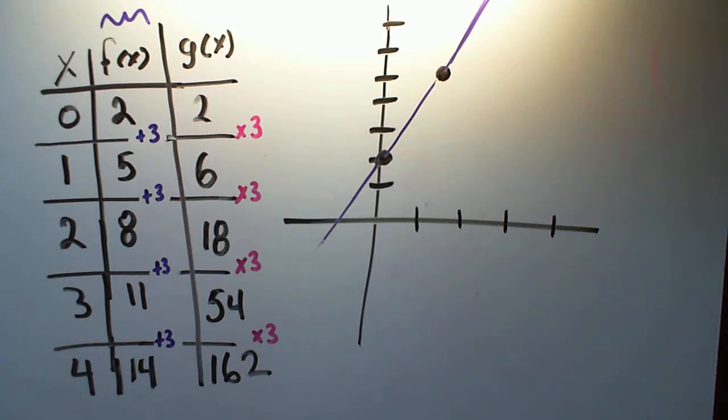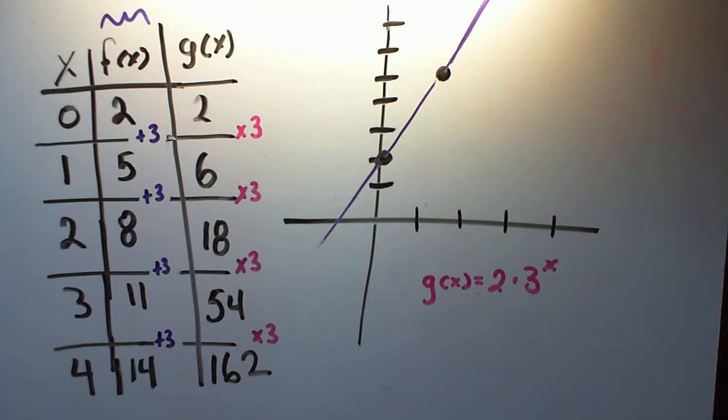If we use the process that we talked about earlier in this video to determine the exponential function that we get here, we will see that the exponential function for g of x is going to be g of x equals 2 times 3 to the x.